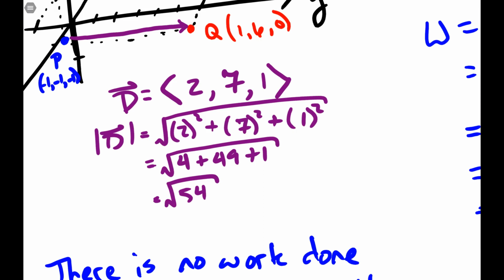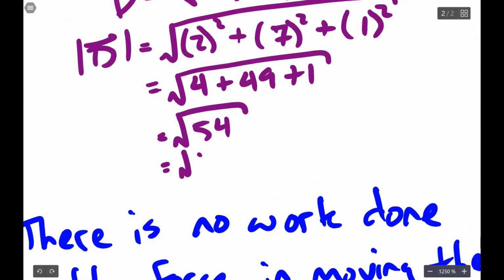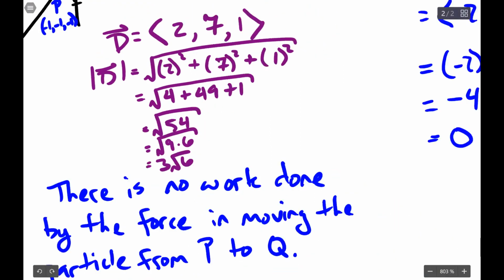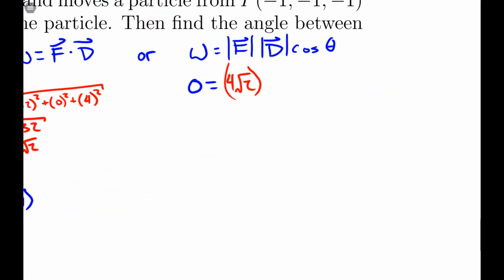Now 54 is 9 times 6, so this tells us that root 54 is the same as root 9 times 6, which means that this is the same as 3 root 6. Coming way over here, we can put that here as the size of D is 3 root 6.